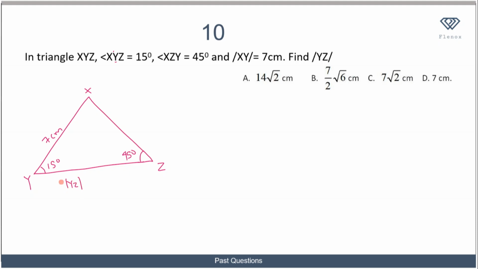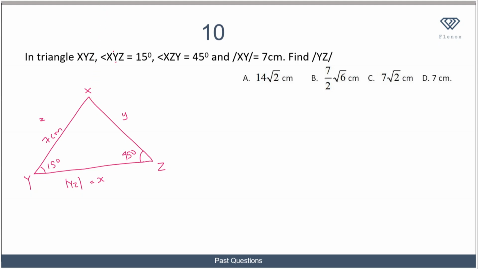Now if I use the normal convention, the side opposite angle Y will be small y, the side opposite angle X will be small x, which I'm told to find, and the side opposite angle Z will be small z. So now I know this side and this angle, but I don't know this side and I don't know this angle. However, I can find this angle X over here.